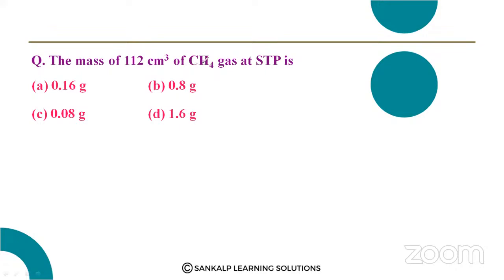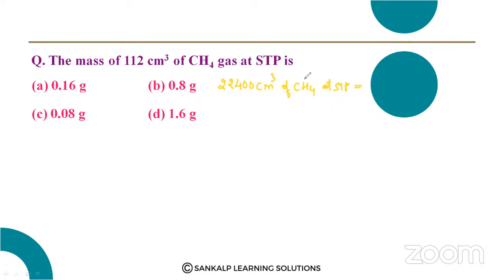So what is the standard molar volume at STP? It is 22.4 liters, or it can be written as 22,400 centimeter cube. So that was in liters, and when you convert it into centimeter cube, it will be 22,400. So 22,400 cm cube of methane at STP has how many grams?